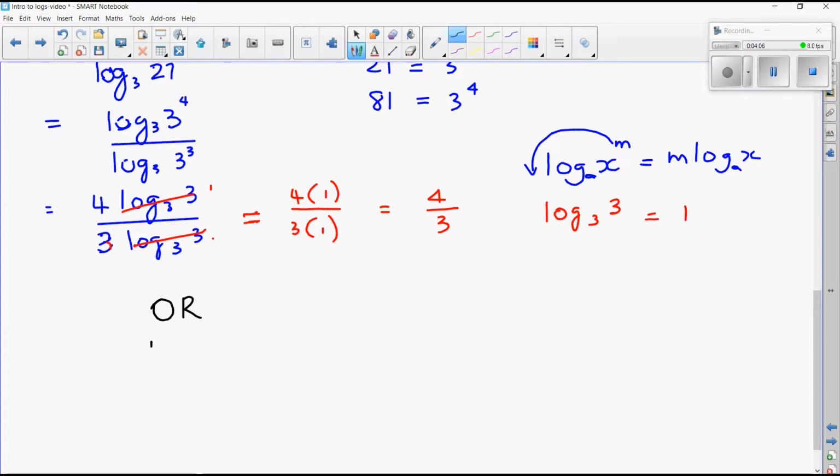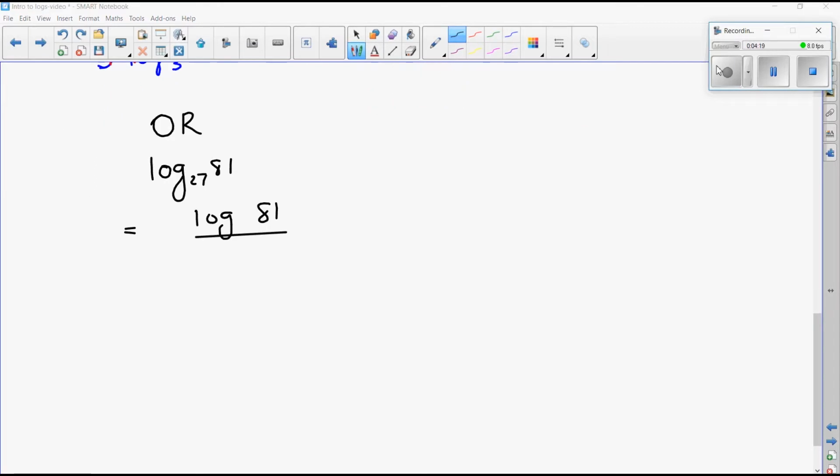So log of 81 to the base 27, if we had chosen base 10, would have been log of 81 over log of 27. So we know that 81 is 3 to the 4, so we're going to again write it as log of 3 to the 4 over log of 3 cubed.